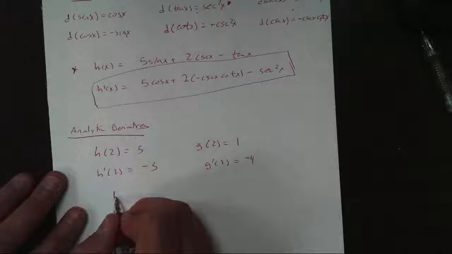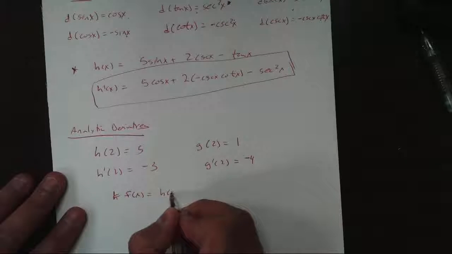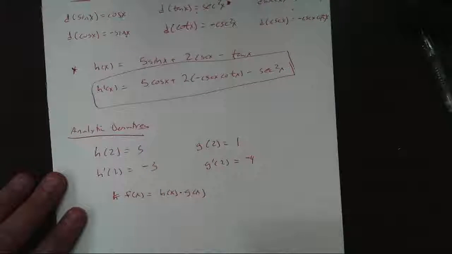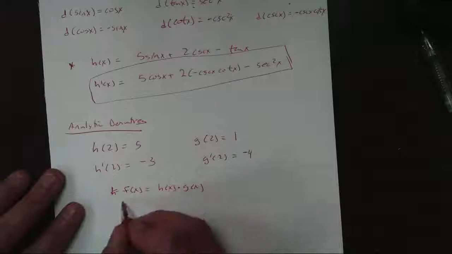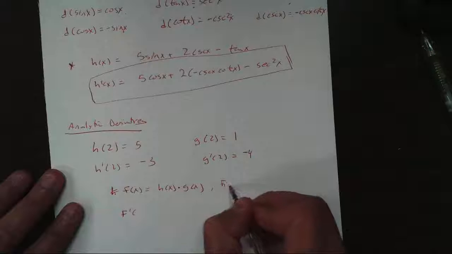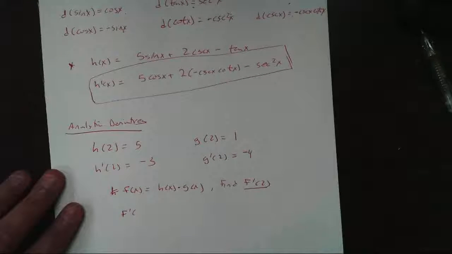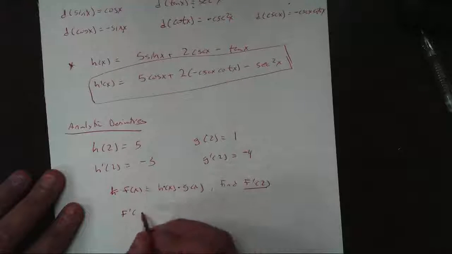And I say let f of x equal h of x times g of x. We call these analytic derivatives. So if I want to find f prime of 2, well, the first thing we need, of course, is the derivative, so be very careful.